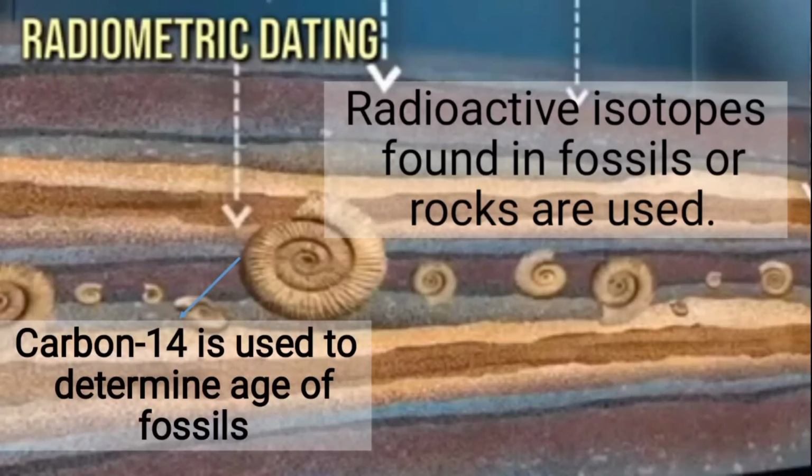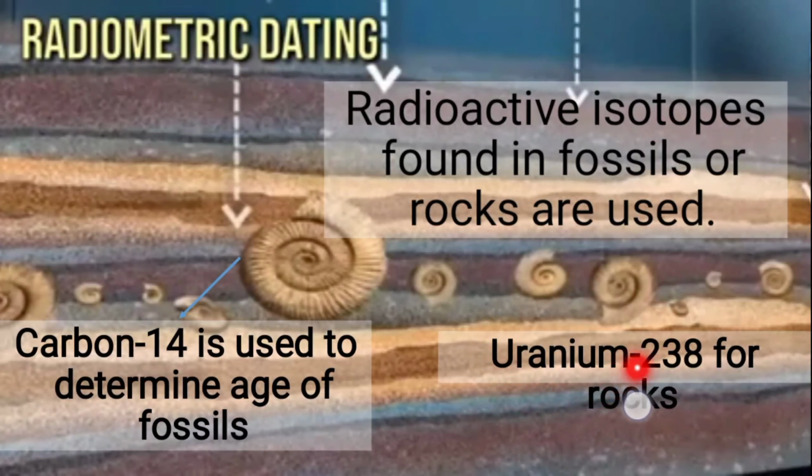We have carbon-14, which is used to determine the age of fossils, meaning this carbon-14 is only used in organic compounds. While uranium-238 is also a radioactive isotope that is used only for determining the actual age of rocks. So these are the two types of radiometric dating.